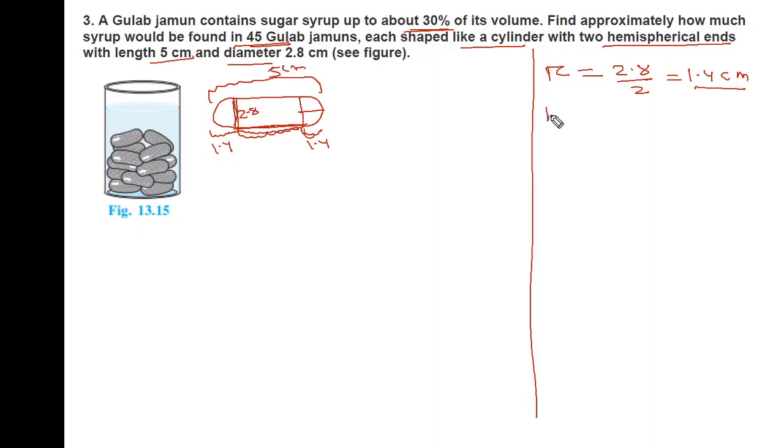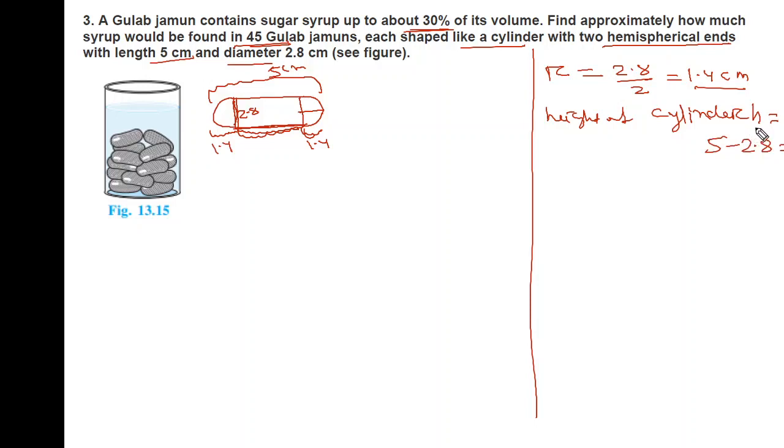So height of cylinder h will be equal to 5 minus 1.4 plus 1.4. So 5 minus 2.8 you can write, which will be equal to 2.2 cm. So this is the height.